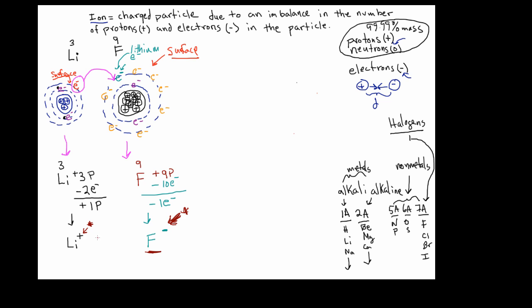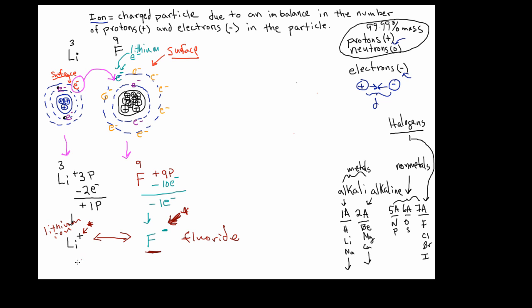This results in a mutual attraction between the lithium ion, we call this lithium ion now, and the fluoride ion. So we go from calling this fluorine to fluoride. Fluoride, and this is now lithium ion.